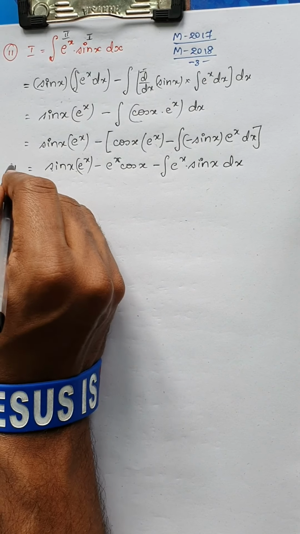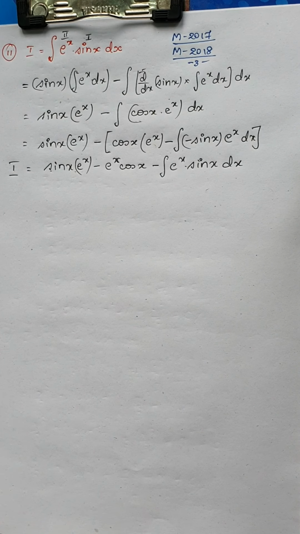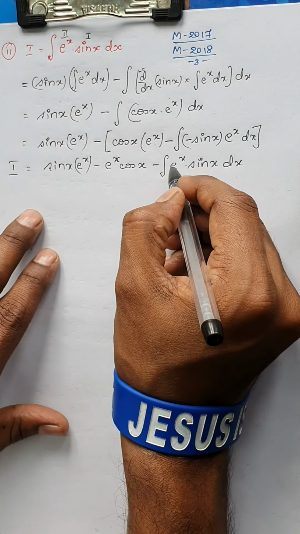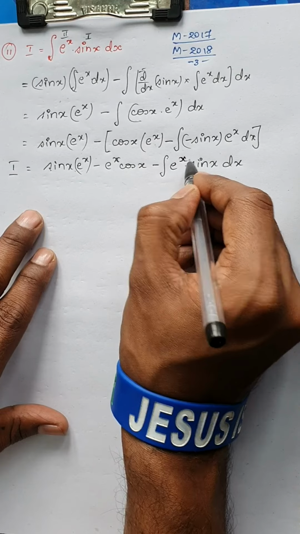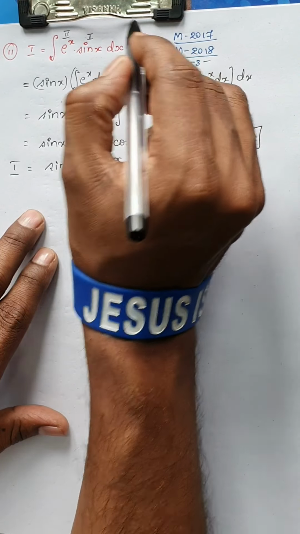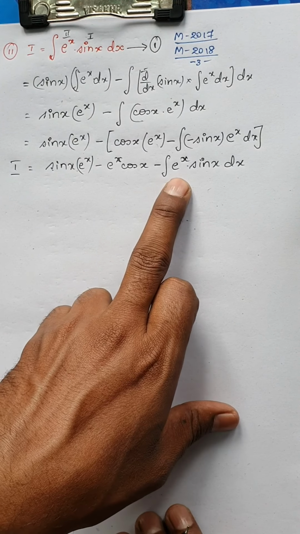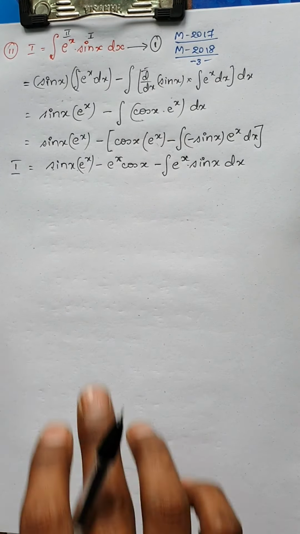Remember, the left hand side, let me consider it as the integral I. You might be wondering, again you started with e power x sin x. Remember, I started with I equal to the integral of e power x sin x, so I am again landed with e power x sin x within the integral.